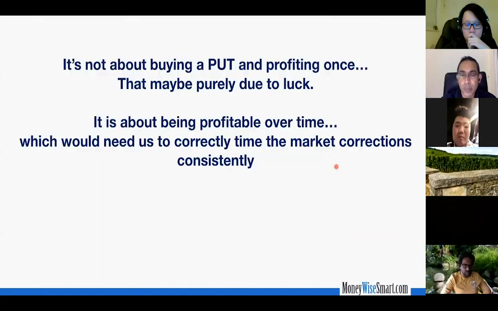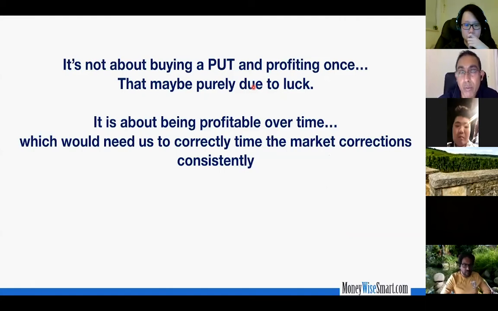So it's not about buying a put and profiting just once. That might be purely due to luck. For example, the guy who had the foresight of buying the Carnival Cruises put option. I mean, the COVID was hitting, but he or she did not have any idea that it's going to become a pandemic, right? So it has turned out lucky. It's a lucky position for him.